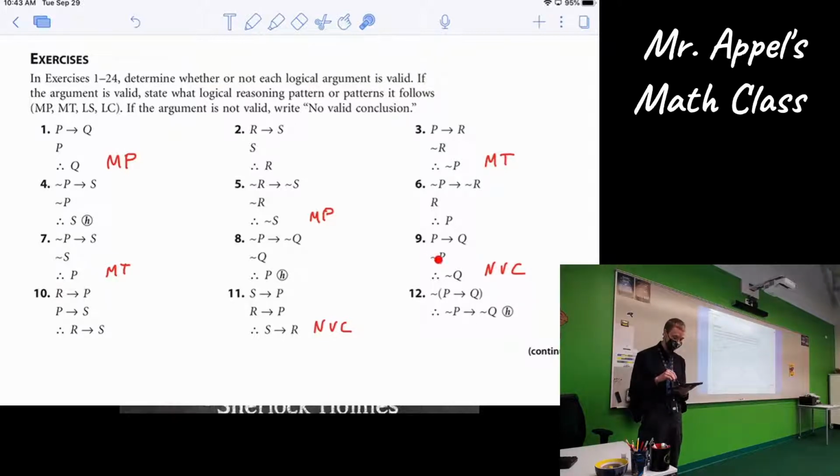They've only negated the hypothesis there. That's no good. And 11, similarly, no valid conclusion. We've got S then P, but we go R then P. We've got matching conclusions here. That doesn't do us anything. All right, questions on the first 6?